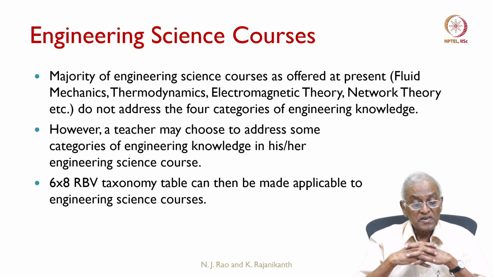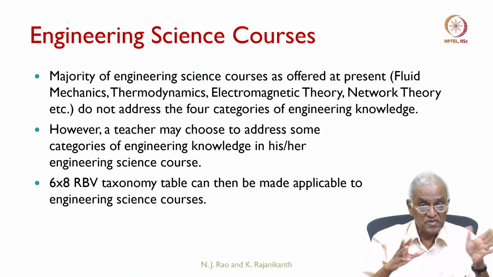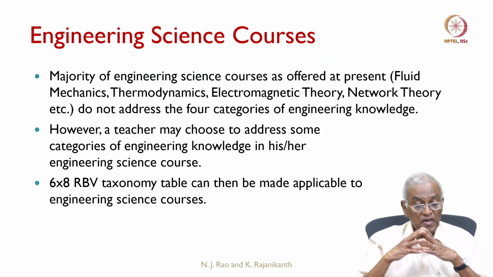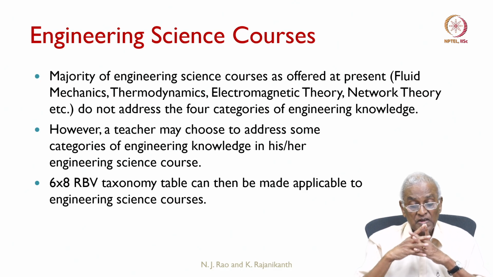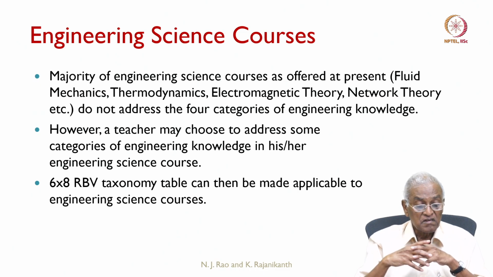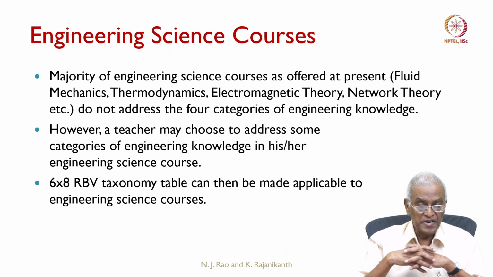If they do not address the 4 categories of engineering knowledge, then it is to be treated like a science course only, as far as the taxonomy table is concerned. But if a teacher chooses to address some categories of engineering knowledge in his engineering science course, then you can apply the 6 by 8 RBV taxonomy table. It can be applied, but that is a choice to be made by the instructor.